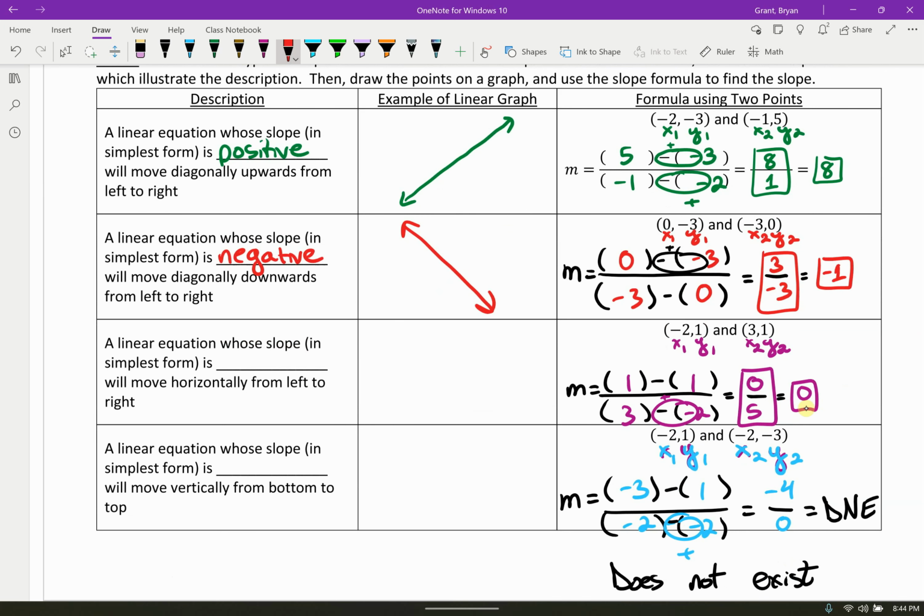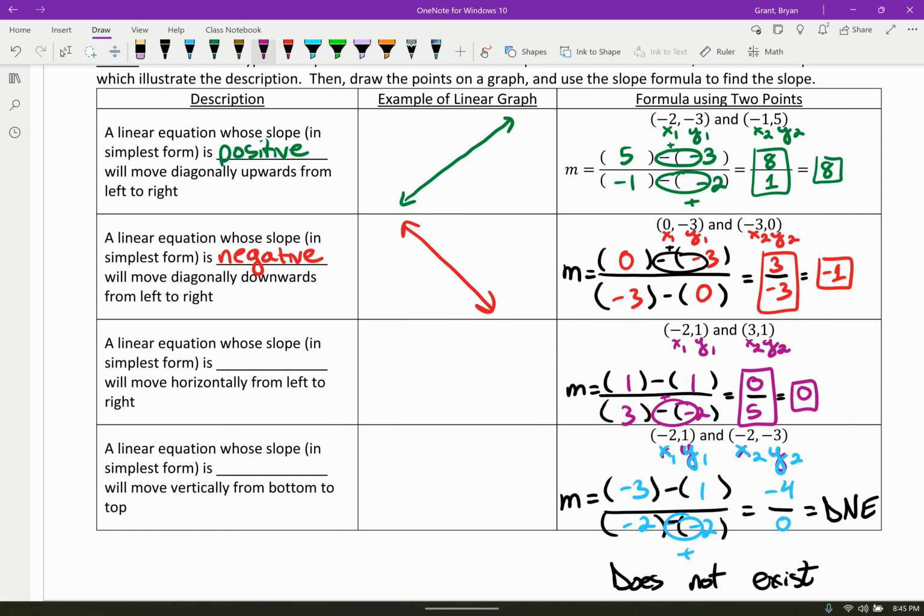But what about these last two? 0 and does not exist are neither positive nor negative numbers. But I bet you already know what a slope of 0 is, right? If we think about slopes here, and we have kind of a small positive with a slope of 1, and then steeper with a slope of 2, and steeper with a slope of 3, if we go the other way, and I go a little bit less than 1, and maybe now I'm at like 0.5, what does the slope of 0 look like?